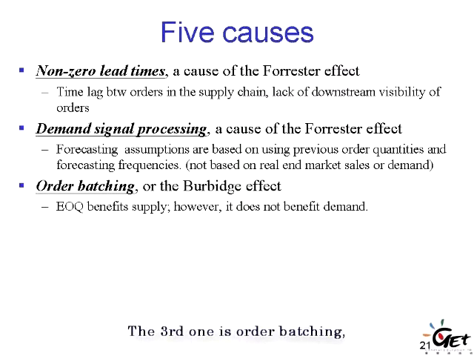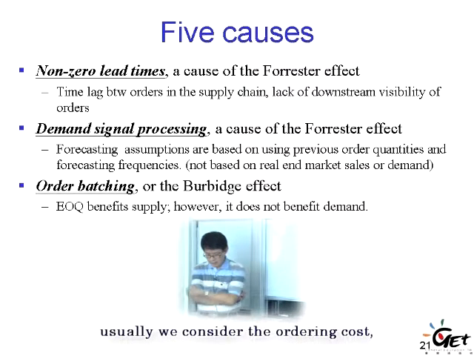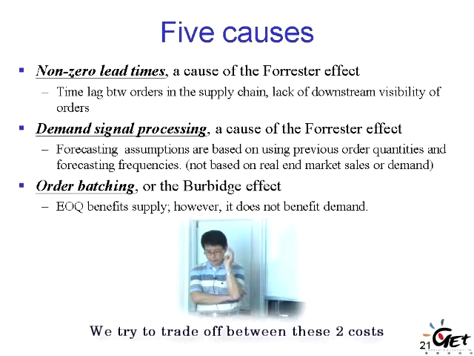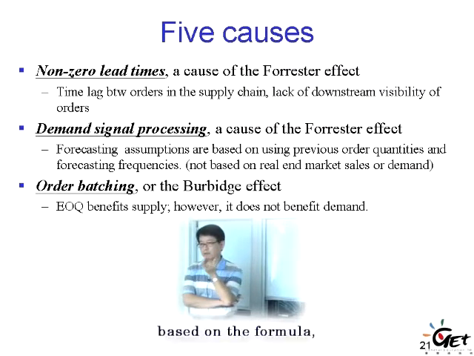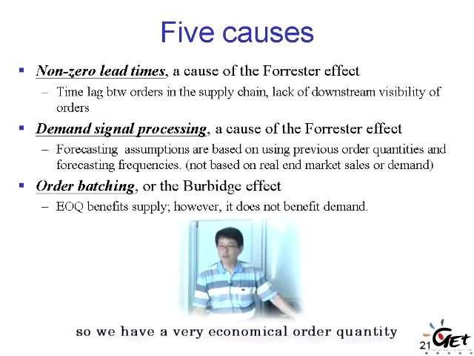The third one is order batching. Order batching means usually we consider the ordering cost. We consider the storage cost. We try to trade off between these two costs. We will have an economic order quantity based on the formula. Okay, so we have a very economical order quantity.